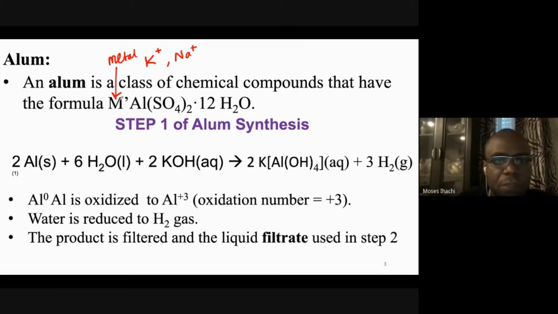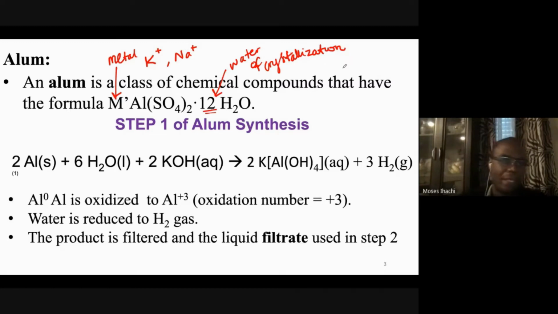So there'll be a metal, aluminum, SO4 2-, and then the 12 waters. These are just water of crystallization. We did that, I think, when we were doing the formula of a hydrate experiment, when we were still on campus. So it has to have the 12 waters of crystallization in the formula.